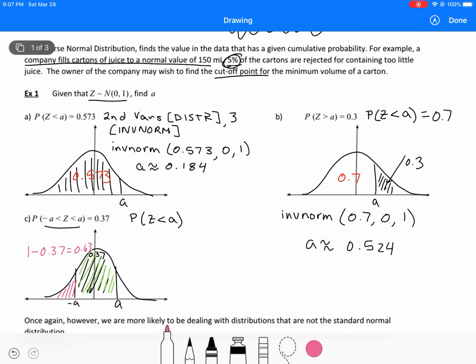But we know the distribution is symmetric, so the area below minus A and the area above positive A have to be equal. So each side region is equal to 0.315. We've got 0.315 here, and 0.315 here.